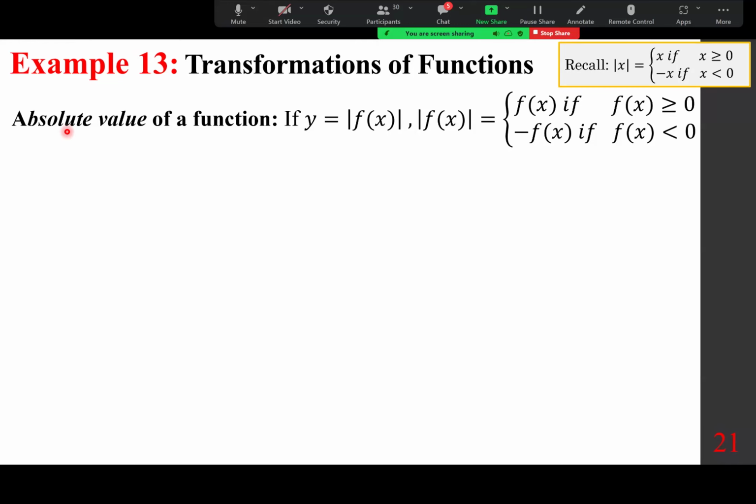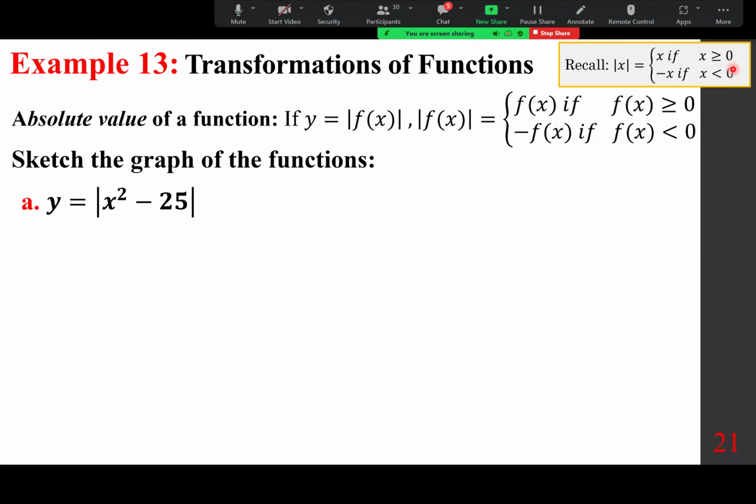Absolute value of a function: if y is the absolute value of f of x, then it is f of x if f of x is greater than or equal to 0, and minus f of x if f of x is less than 0. And here's the definition of an absolute value. We want to sketch the graph of absolute value of x squared minus 25.